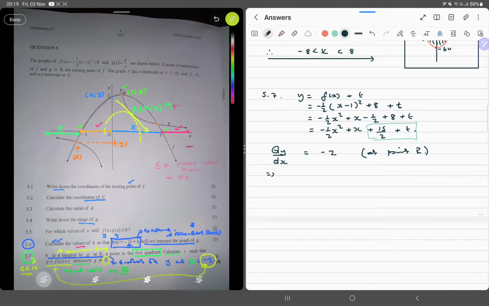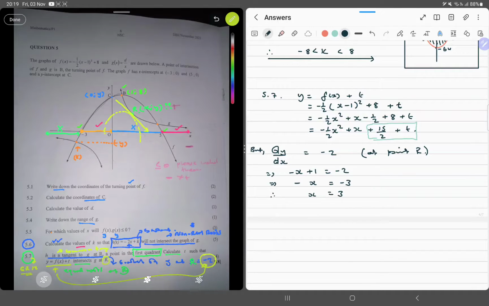So this implies, but wait. And then, of course, what is the derivative there? Sorry, this is minus x plus 1 is equal to -2, which implies that minus x is equal to -3.